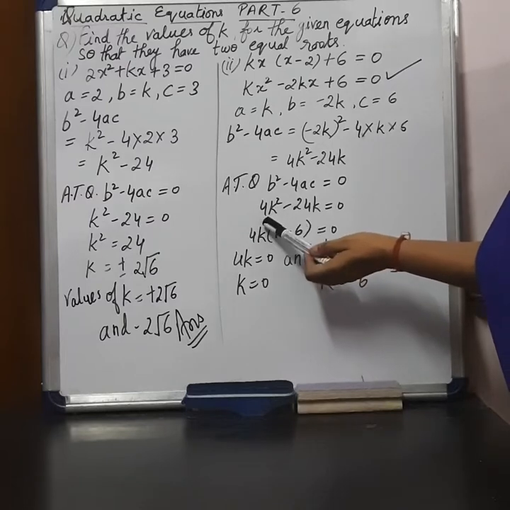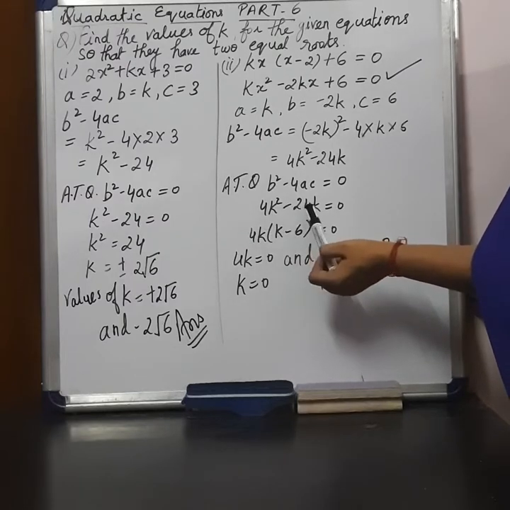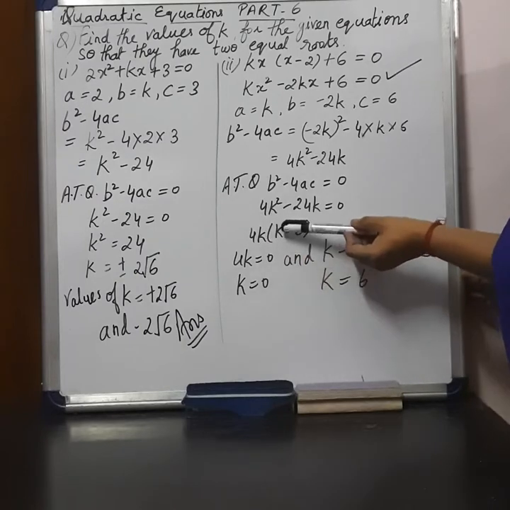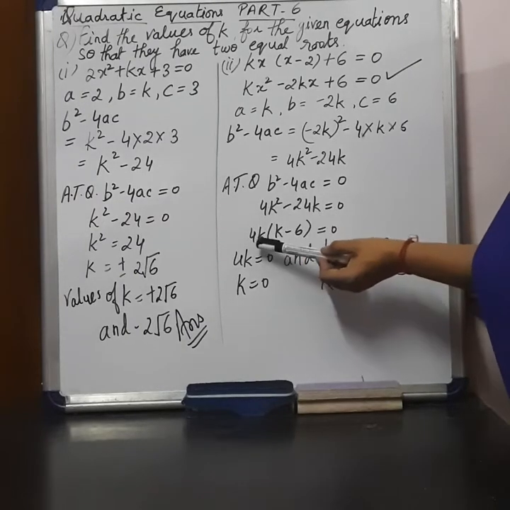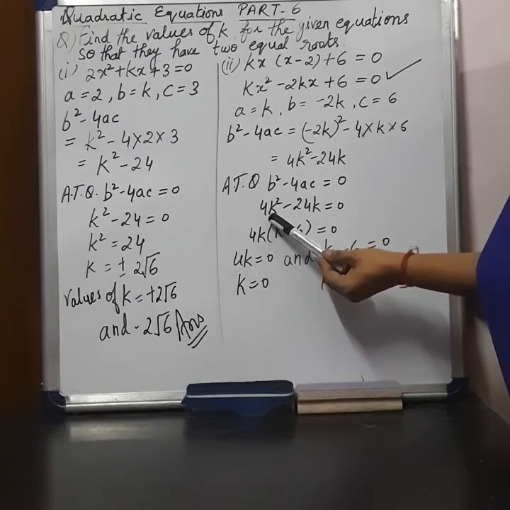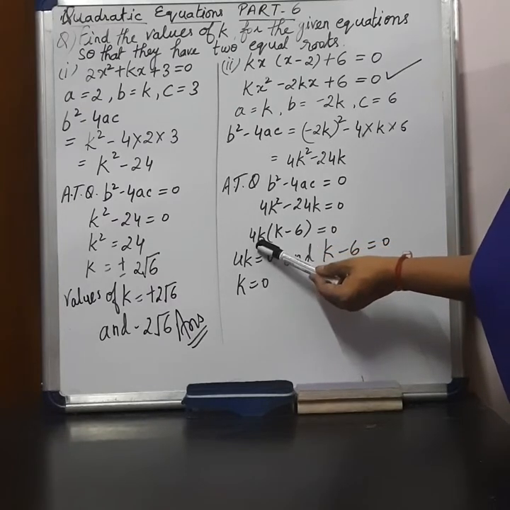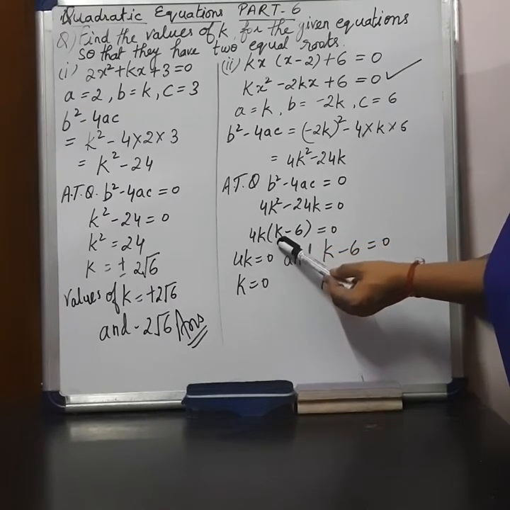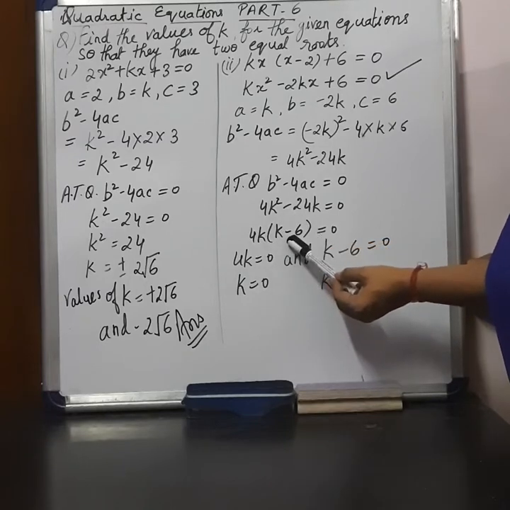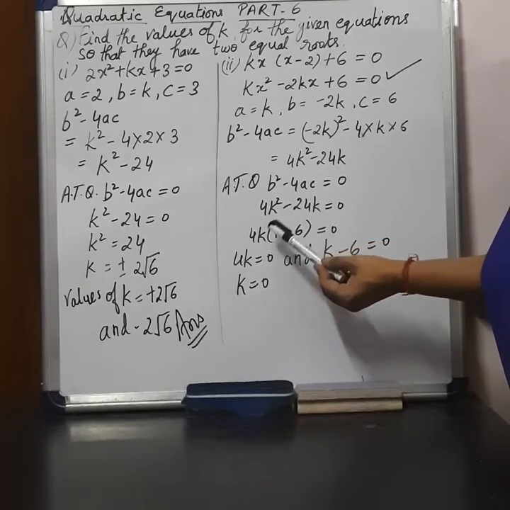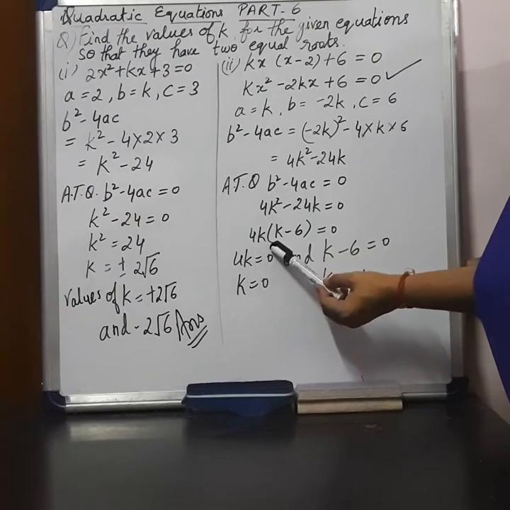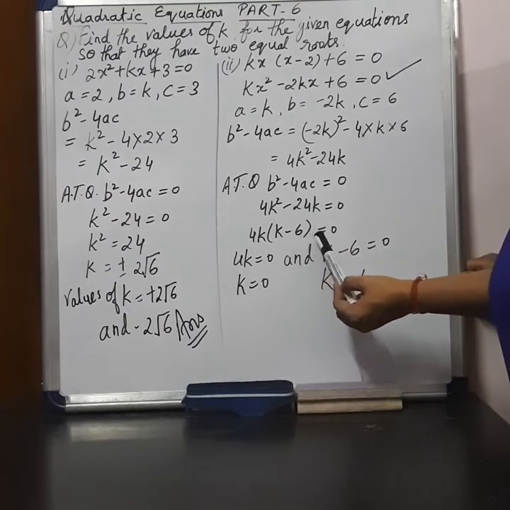Now you will see what is common in these terms. It is coming 4 and k. So you will take out 4k outside the bracket, and 4k square divided by 4k, then what is remaining over here? k. Minus sign you will write, 24k divided by 4k is coming minus 6, is equal to 0.